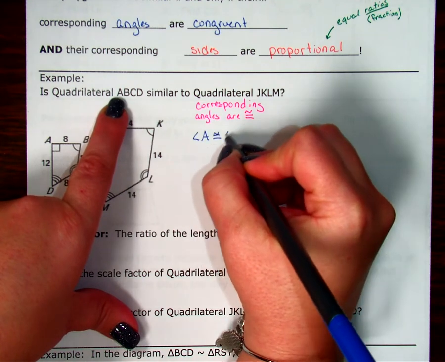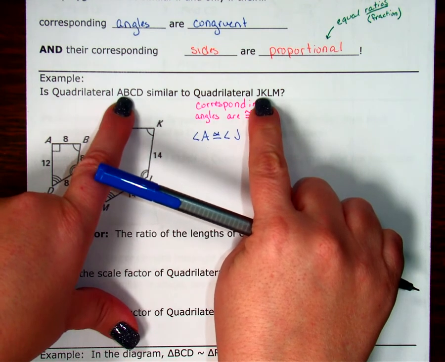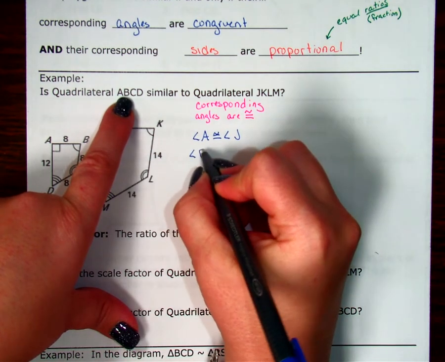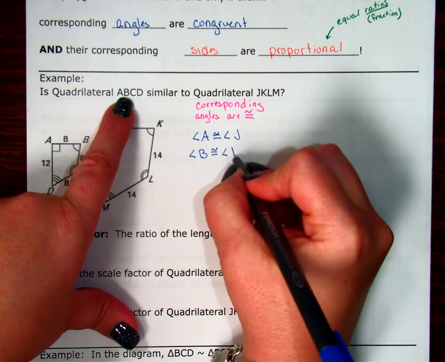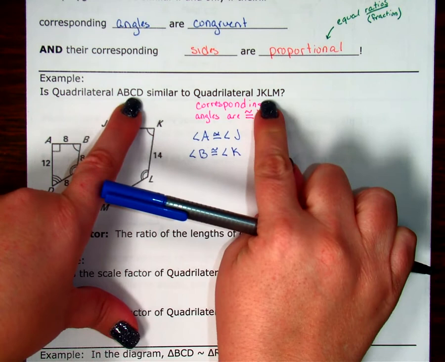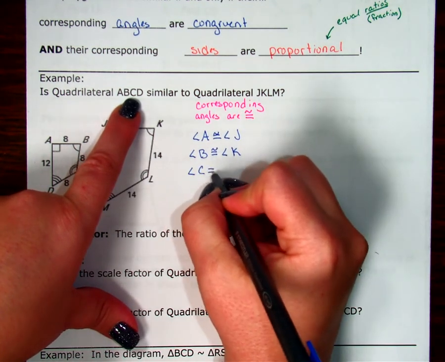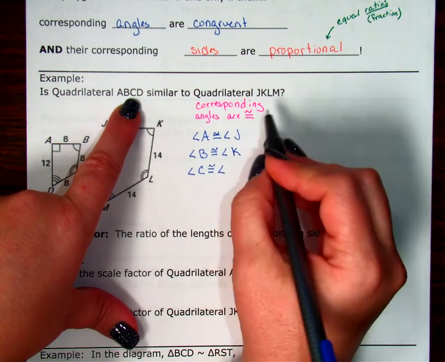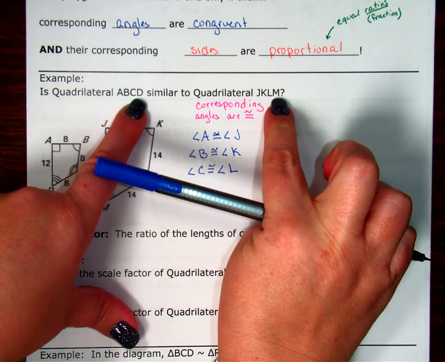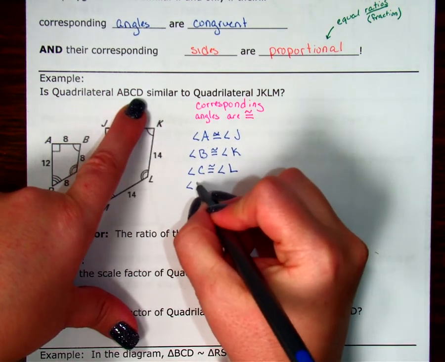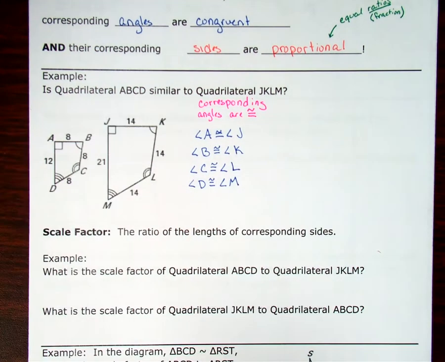Angle A should be congruent to angle J. And then my second two letters, B and K, angle B should be congruent to angle K. And then my third two letters, C and L, angle C should be congruent to angle L. And then my last two letters, D and M: angle D is congruent to angle M.